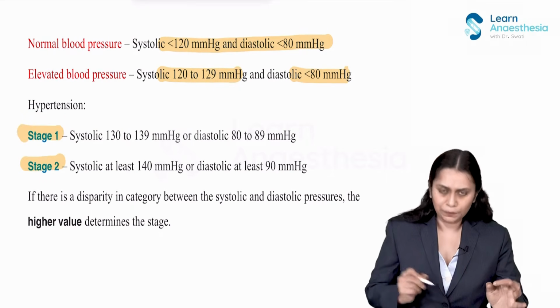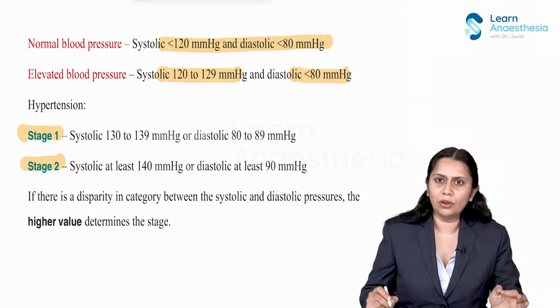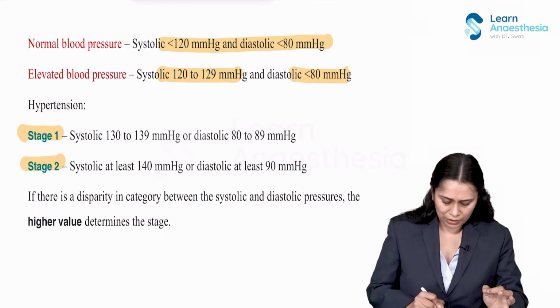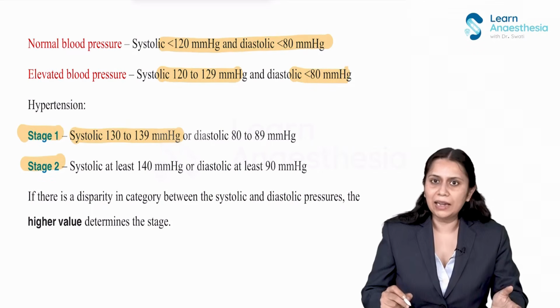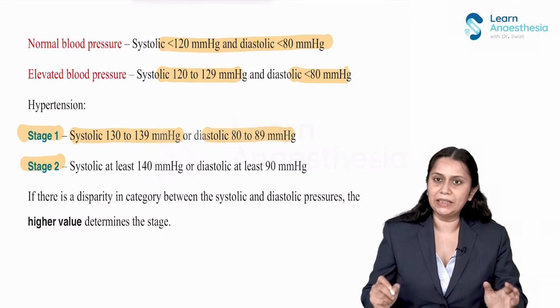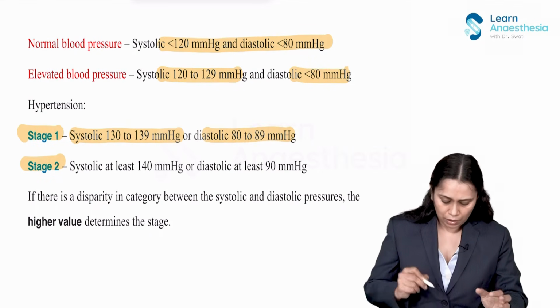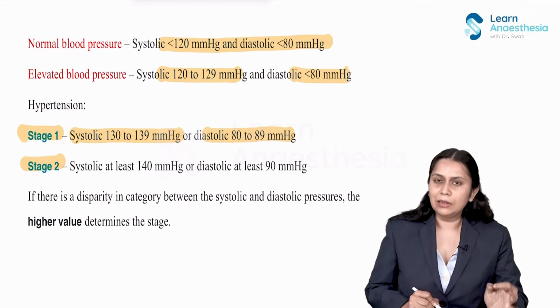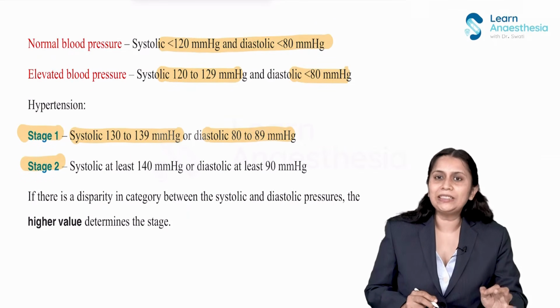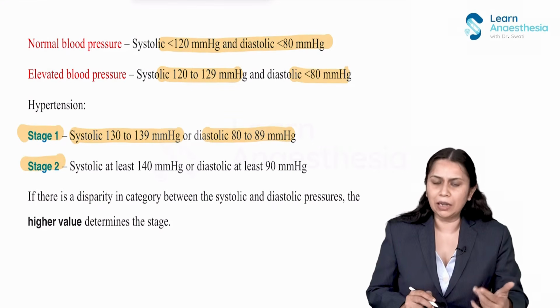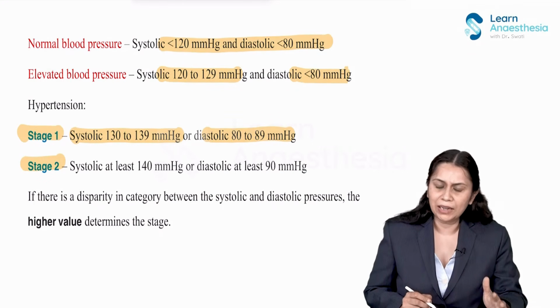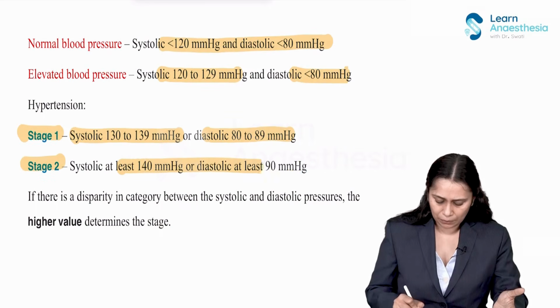Stage 1 hypertension is systolic between 130 to 139 mm of Hg and diastolic between 80 to 89 mm of Hg. Right? And stage 2 is systolic at least or equal to 140 mm of Hg and diastolic at least 90 mm of Hg.